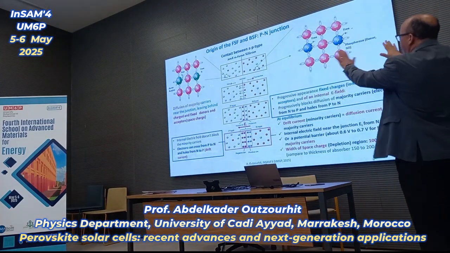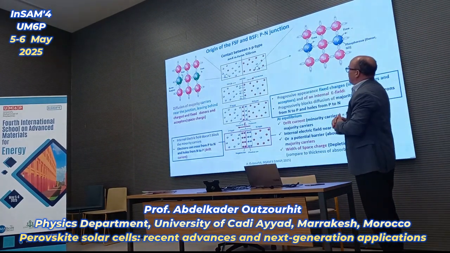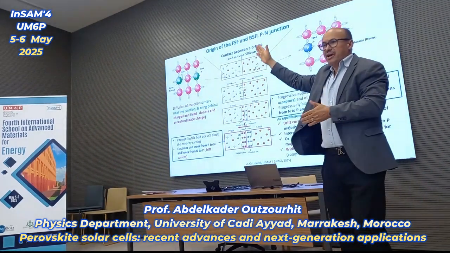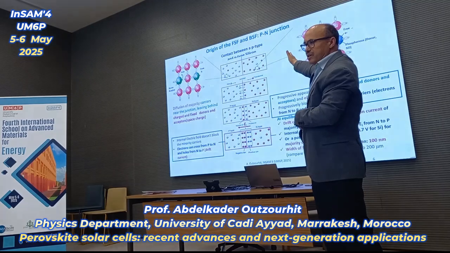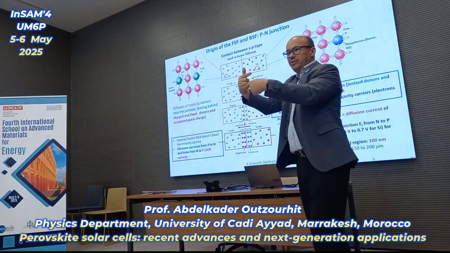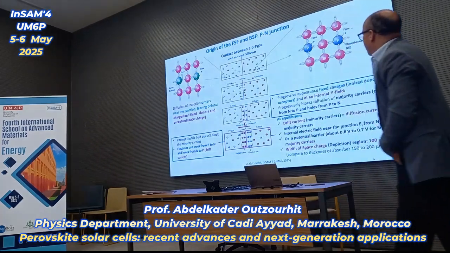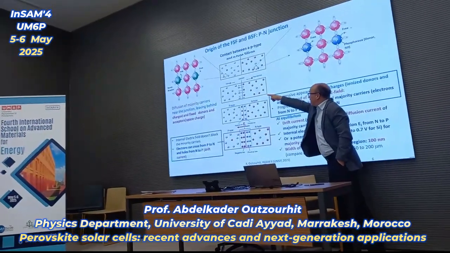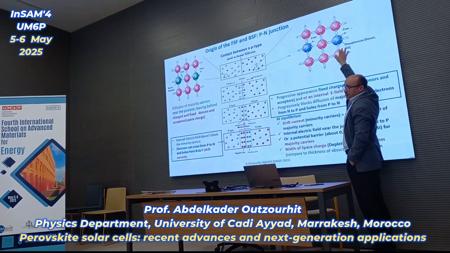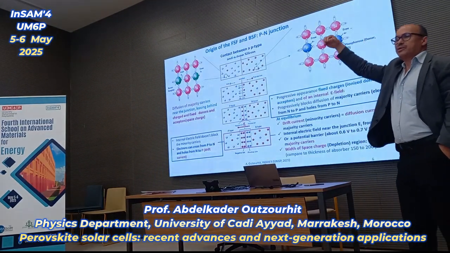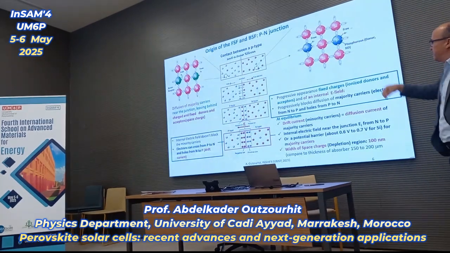So what happens when I put together an N-type and a P-type semiconductor? It is not at equilibrium, because you have an excess concentration of electrons on one side and an excess of holes on the other side, so they will tend to diffuse. But if an electron moves from the N side to the P side, it will leave behind a positive, uncompensated phosphorus ion, because the electron belongs to the phosphorus in the beginning.